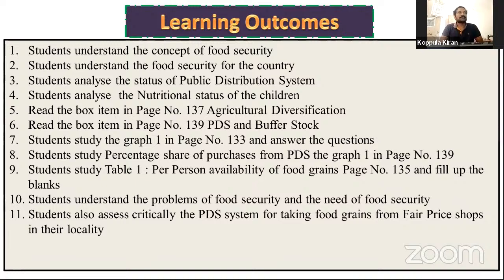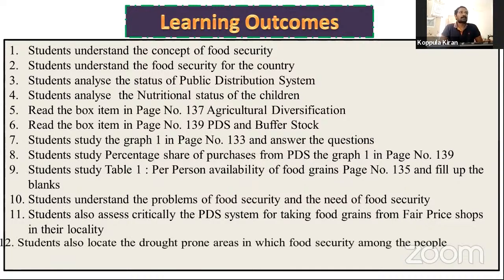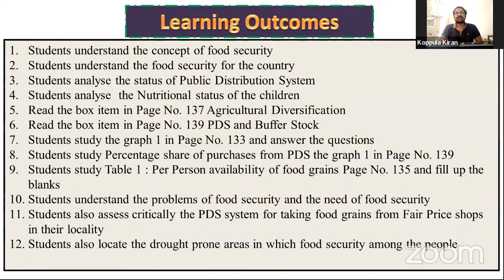Okay, another one is, students also assess critically the public distribution system for taking food grains from fair price shops in their locality. Another one is, students also locate the drought prone areas in which food security is affected among the people.